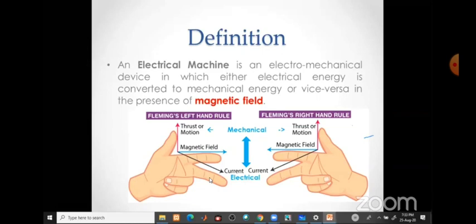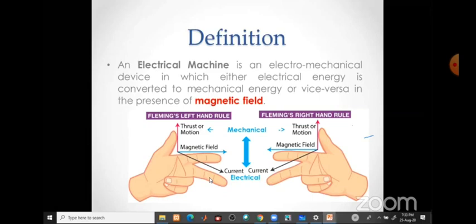We can call the transformer a very important electromagnetic device rather. But a transformer is not an electrical machine. Is that clear? So this definition you should remember.